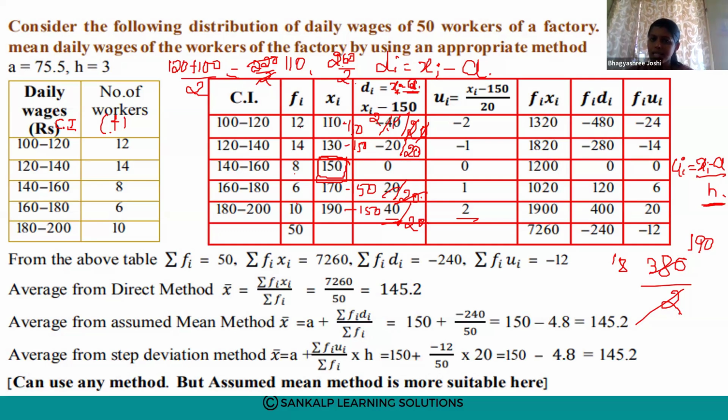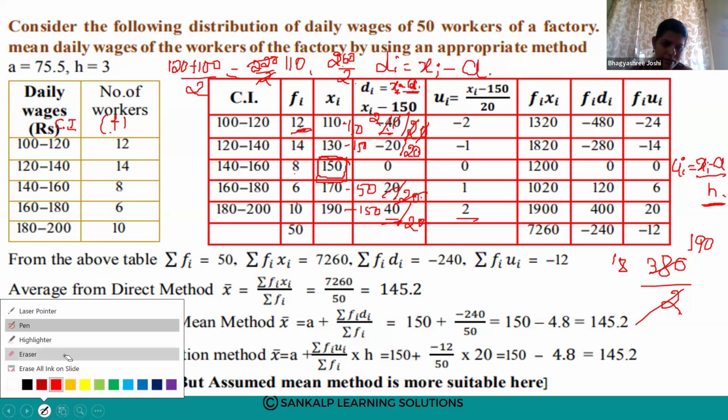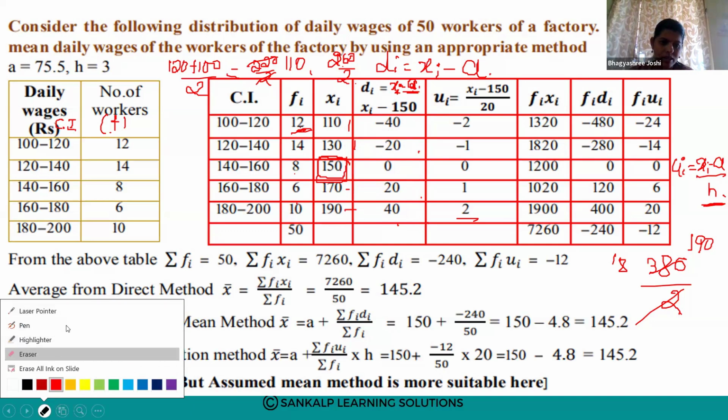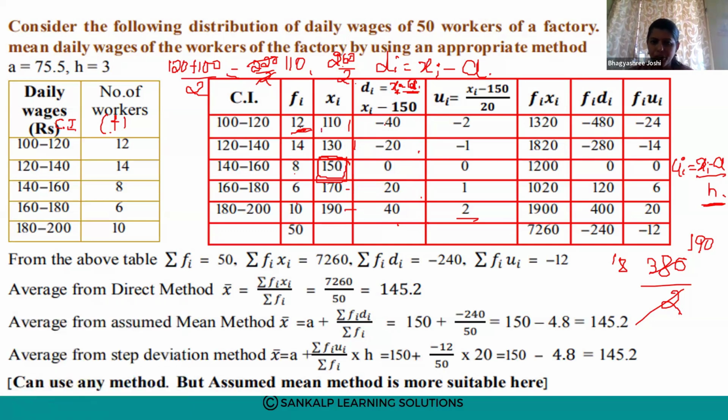Next we'll calculate Fi Di. Fi into Di. Fi is here and Di is here. If you want, I will erase it so that you can observe clearly. Okay, Fi into Di.